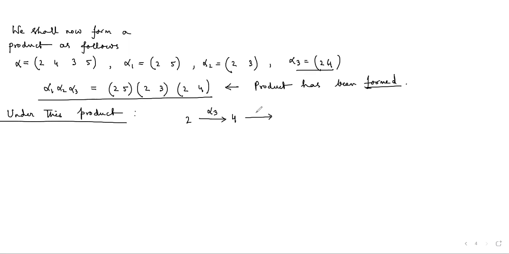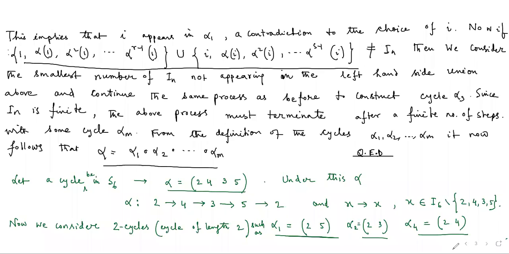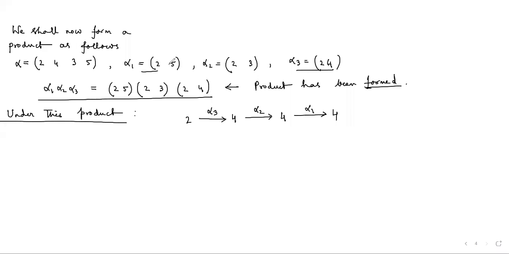Under the permutation alpha 2, 4 goes to 4. Under the permutation alpha 1, 4 goes to 4. Why? Because in this alpha 1 cycle, 2 goes to 5 and 5 goes to 2. And as you already know, x goes to x if it is not falling in the cycle. So in this cycle, 4 is not there, so the image of 4 under alpha 1 is actually 4.